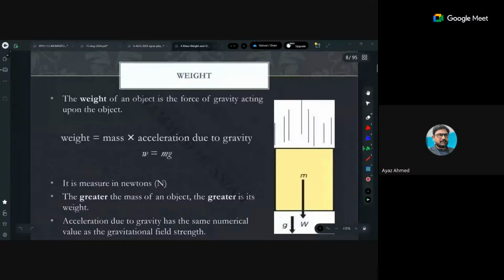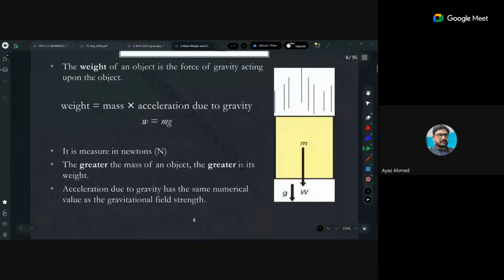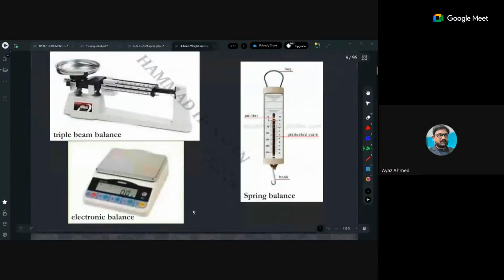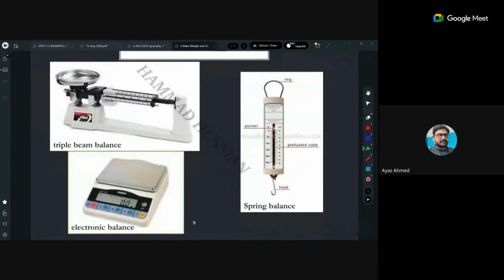That weight, what was weight, I have explained each and everything. These were two instruments. One was called your spring balance. This was the spring balance, right? Spring balance is used to measure the weight.